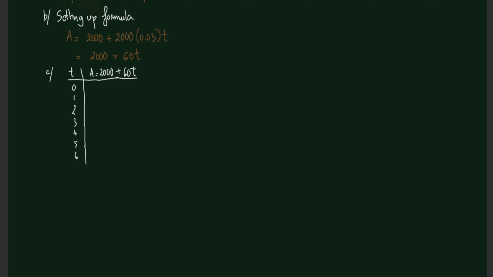At t equals 0, initially we have only 2,000. It makes sense because when you plug 0 in over here, 60 times 0 is 0. So the only amount we have is 2,000. Originally we have $2,000.